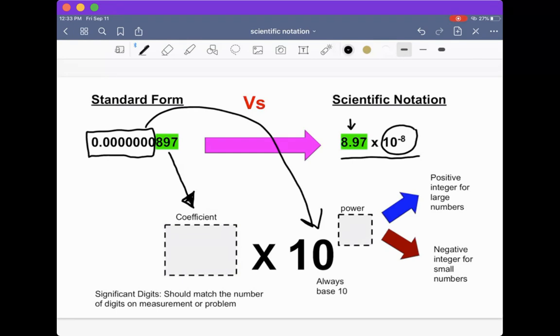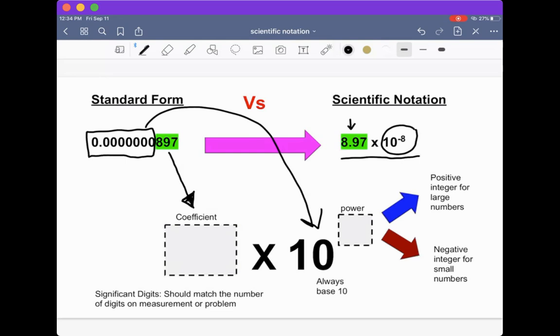That base 10, we're always going to use the base 10. Always, okay? That number will never change. It is going to be in every single scientific notation. All that is telling us is how many placeholders there are, so that base 10 is going to be our placeholders so that we don't have to deal with all of those zeros and those zeros won't get lost.